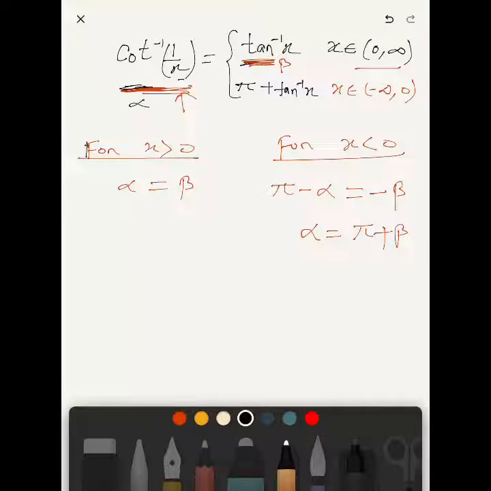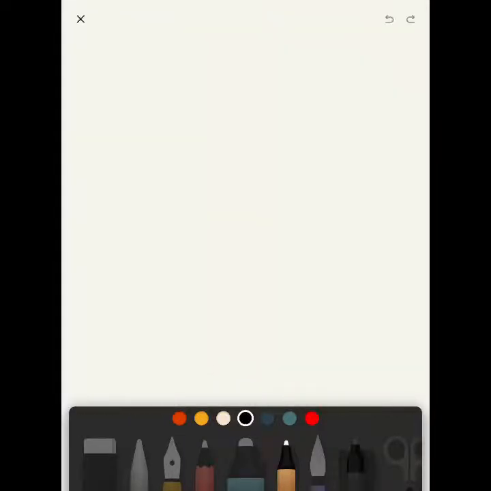Now let me give you another one. It was very easy, right? So let me take you to another page, a blank page. Here, sine inverse x.